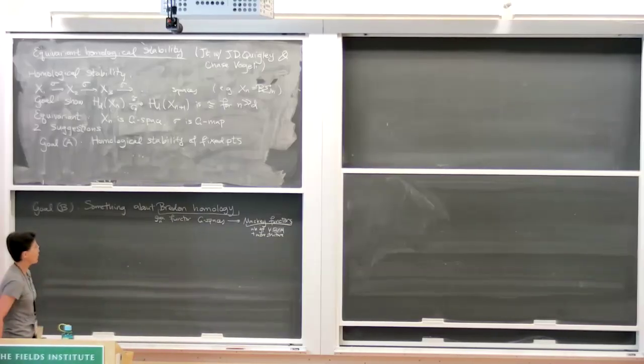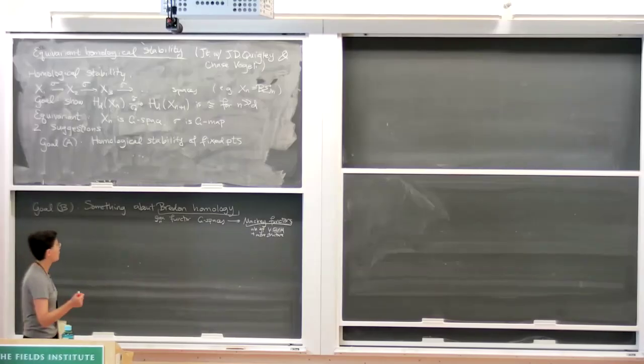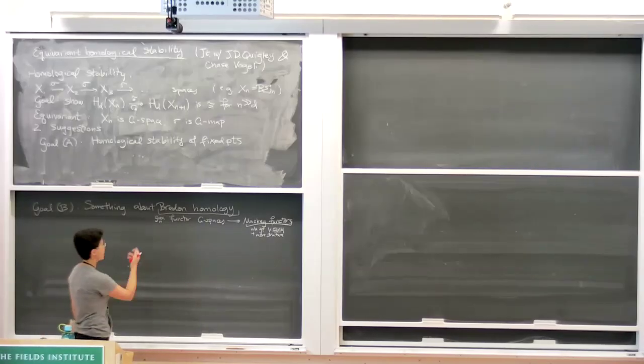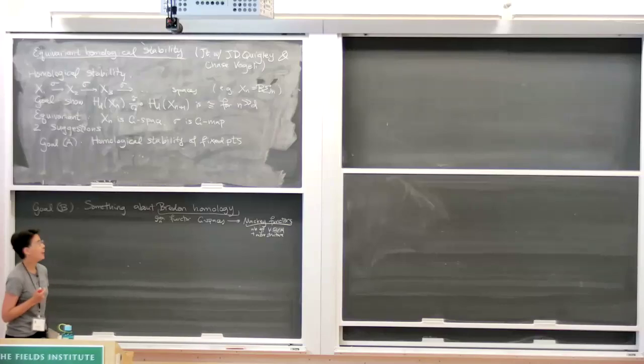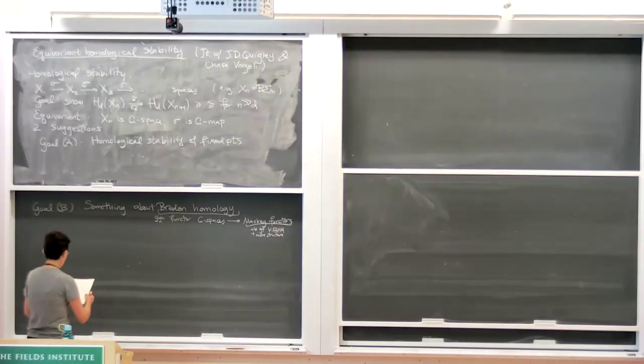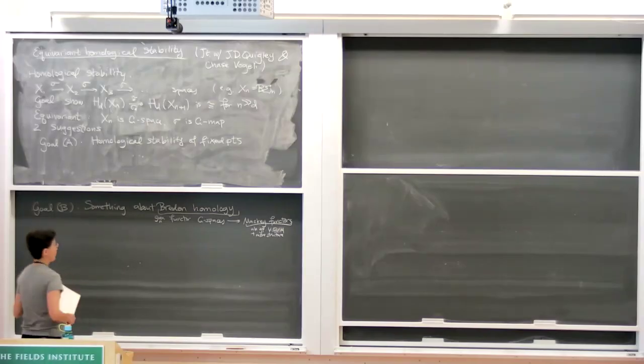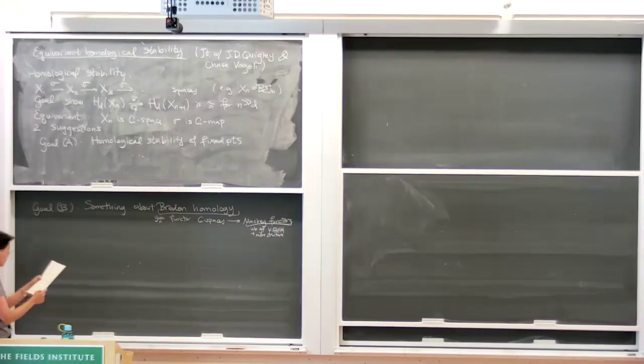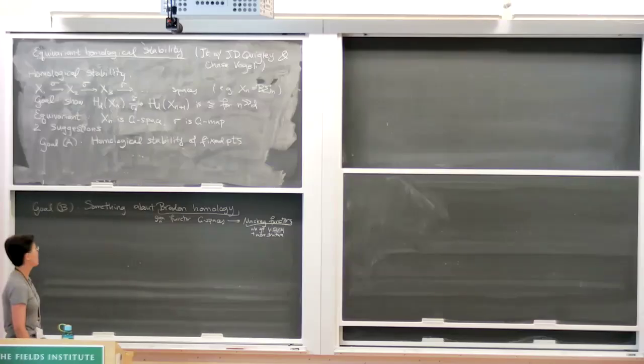That's what Bredon homology is, and equivariant people feel strongly that this should be the target. If you want to generalize a statement in homology to an equivariant context, it should probably be something about Bredon homology. I'm going to come back later and say something more precise here. But the point I want to make up front is that this setup is going to be different from classical kinds of homological stability statements.